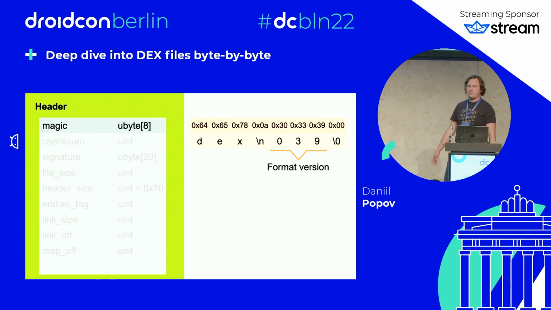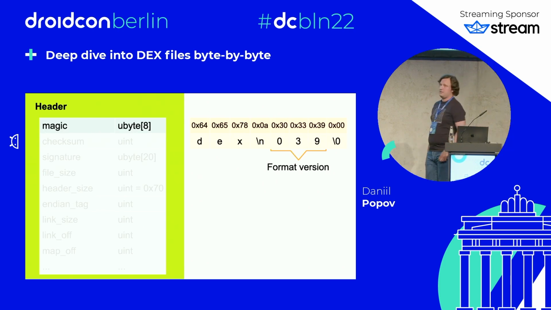Every DEX file starts with the magic. Magic is just an 8-byte sequence that can be treated like ASCII characters. The first three characters are d-e-x, which means DEX. After that we have the line break symbol, and after that we have three characters which denote the format version of this file.